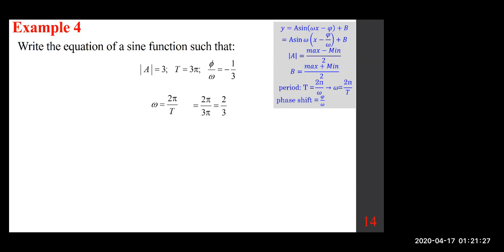We are looking at this formula, everybody. You may not remember omega is 2 pi over T, and that's fine, but you should know T is 2 pi over omega. By omega, we mean the coefficient of x. Okay? The amplitude is 3.